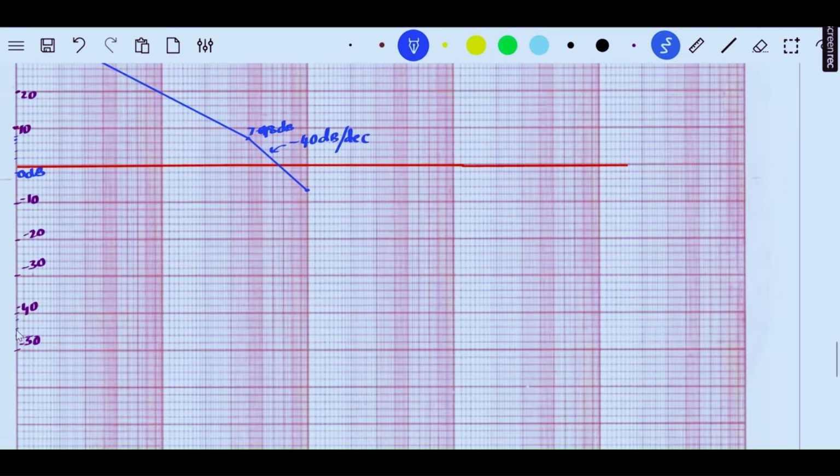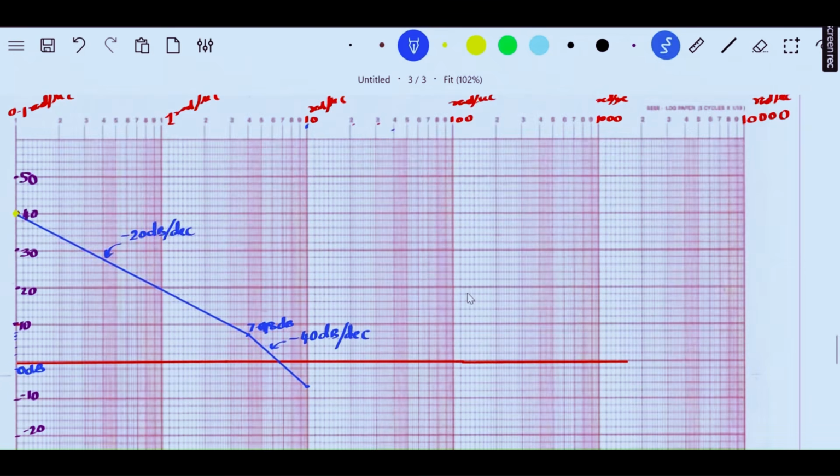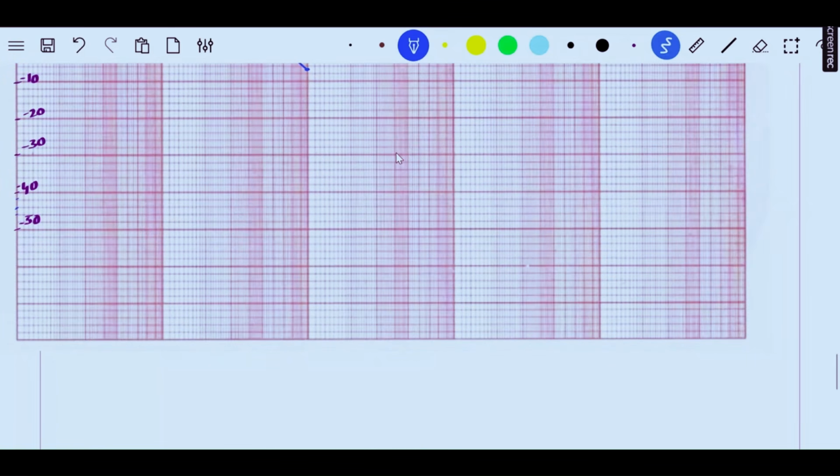So 44.08 is somewhere here, and I need to mark that at 40 radians per second. This is 44. So now I need to take a scale and join this point to this point.